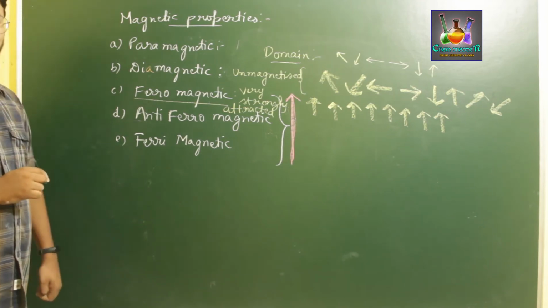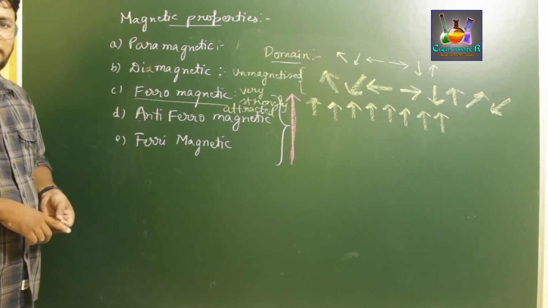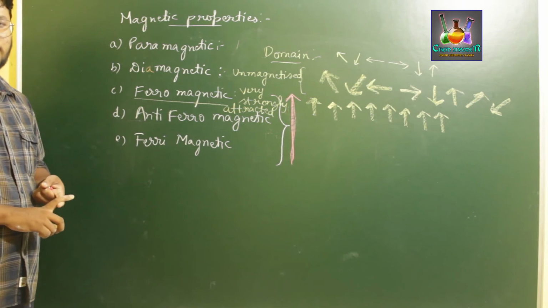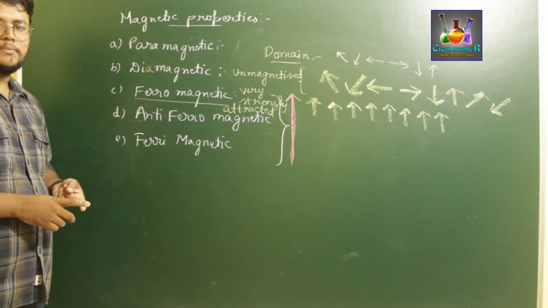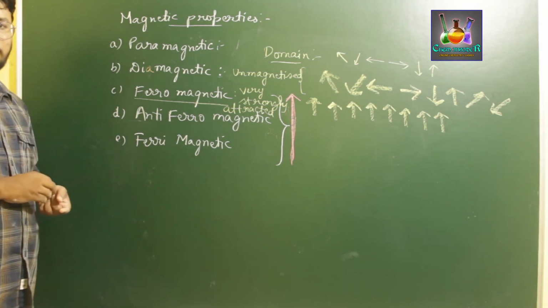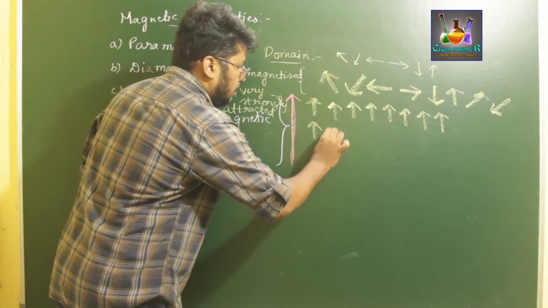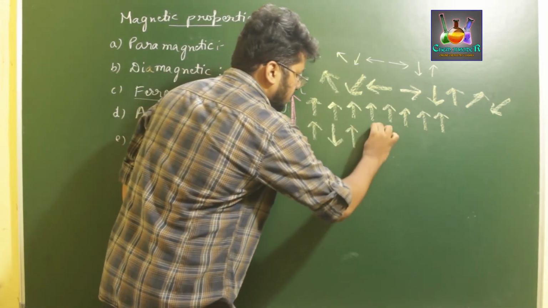Whereas in case of antiferromagnetic substances, what we observe is there is equal alignment of parallel and unparallel domains. Equal numbers of parallel and unparallel domains arrange themselves with respect to the applied magnetic field direction. That is, for every parallel domain there will be one unparallel domain, like this.